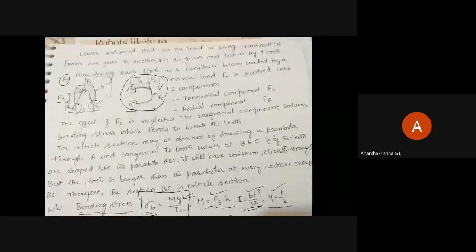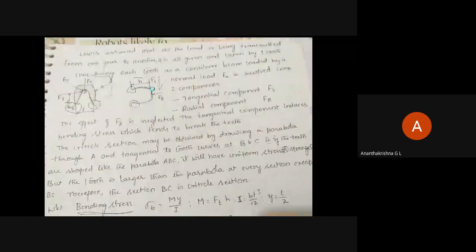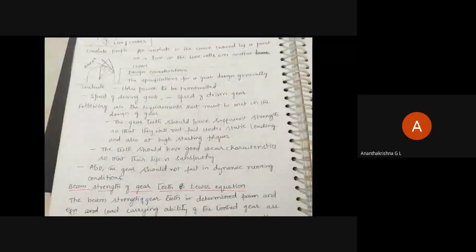After that, we substitute that equation and extract the value of tangential force, where t and h are variables which depend upon the circular pitch PC. So what is circular pitch? We learnt in our previous session that circular pitch is the distance from one tooth to the corresponding point on the next tooth. So this is circular pitch, which is given by pi into m.